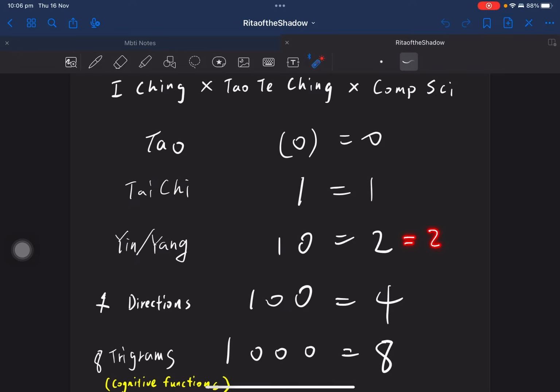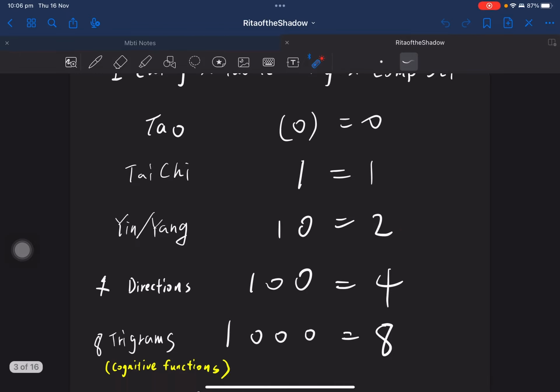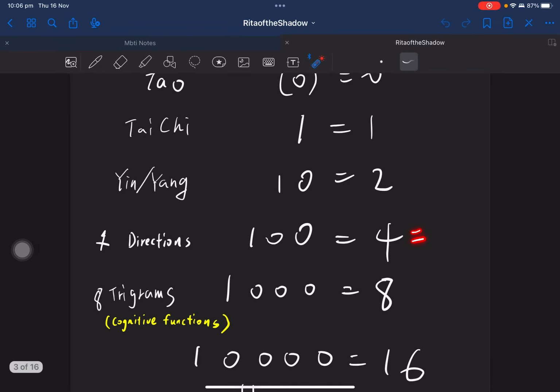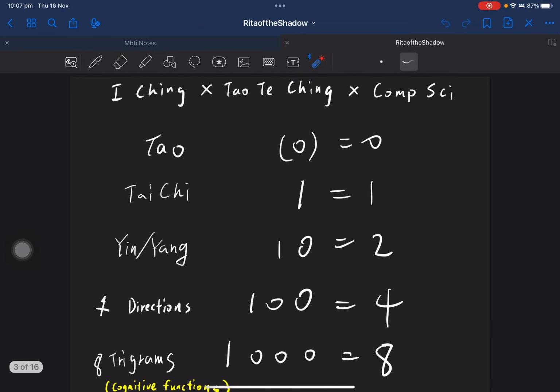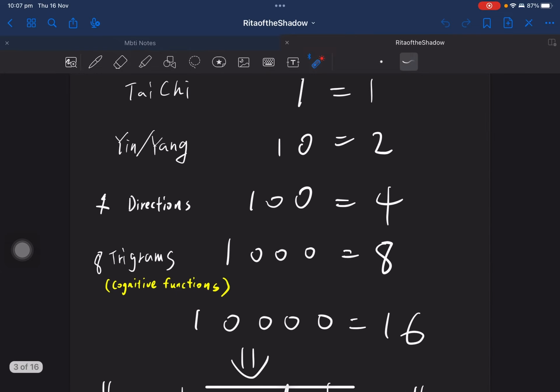And this one is 2 to the first power. And this one is 2 to the second power. And this one is 2 to the third power. So it means the 3 that was referred to here was not literally 3, but the 3 in the third power. So that's why it's 8 trigrams.